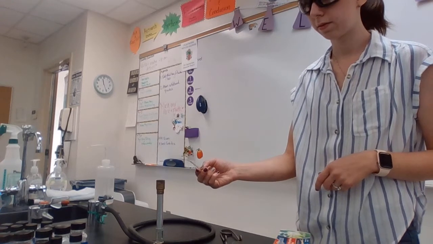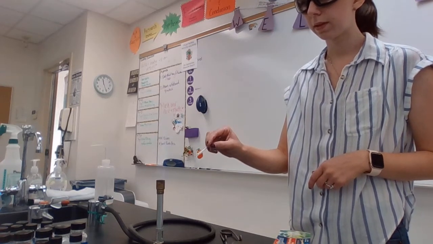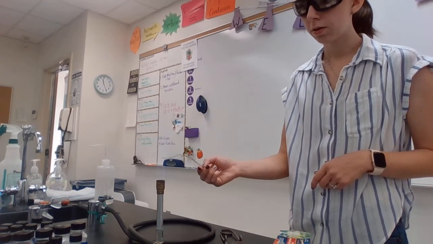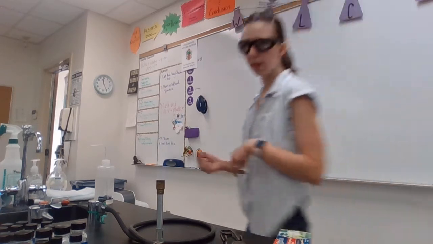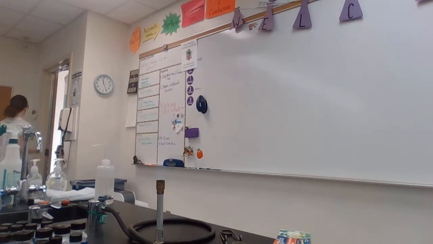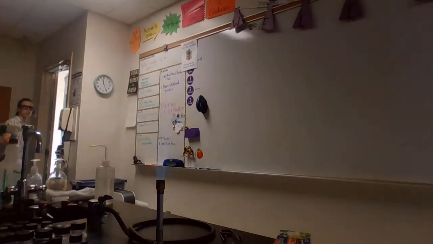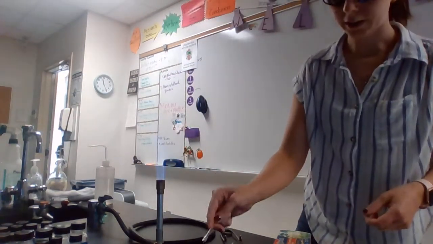Here we go. Little bit of green showing in there. And I'll try turning the light up so you guys can see it a little bit better. So the first one was a red color.